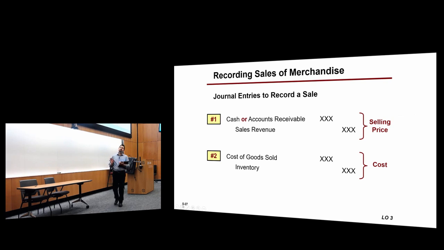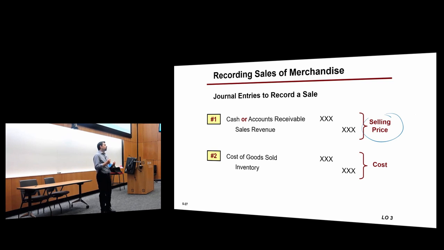Okay, now there's one big difference. Here you look at the selling price. For example, Best Buy sold TVs for $700. That's the sales revenue, based on the selling price, how much they actually sold that product. The cost would be the cost of inventory.